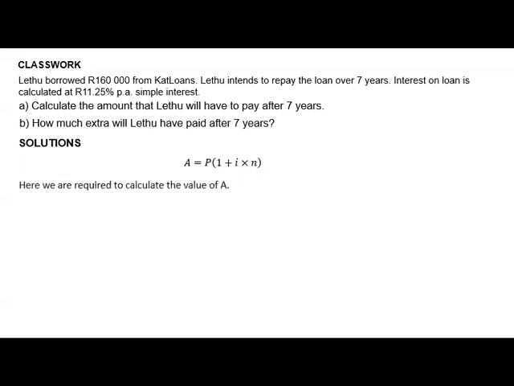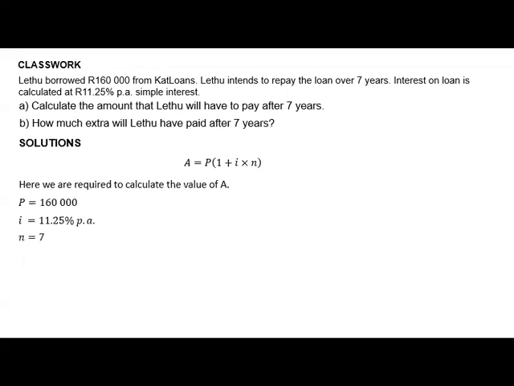That future amount we're trying to find will be A. Here we are required to calculate A, where we are given P, the present amount of the loan that Letu borrowed, which is 160,000, our interest rate I is 11.25%, and N is 7.